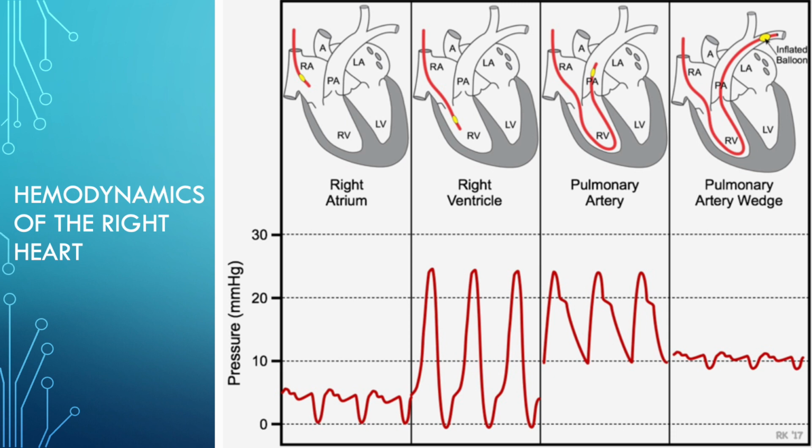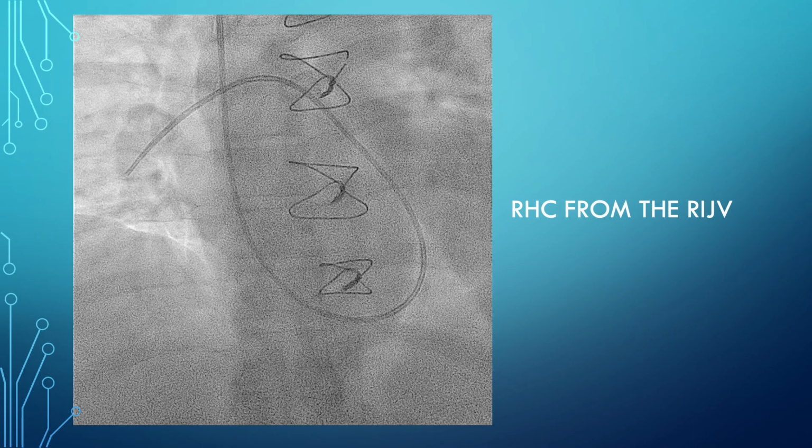That's why it's very important to know the shape of the waves to know where the catheter position is, and you can label it if you are monitoring during the right heart cath procedure.